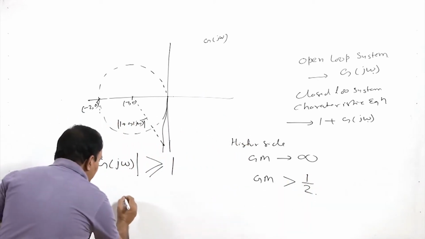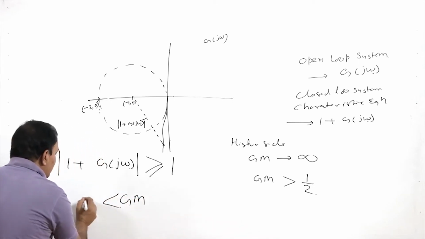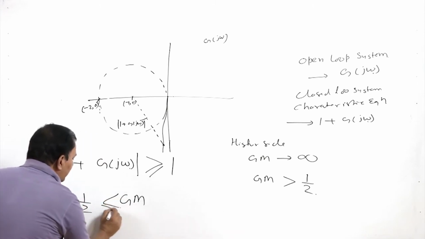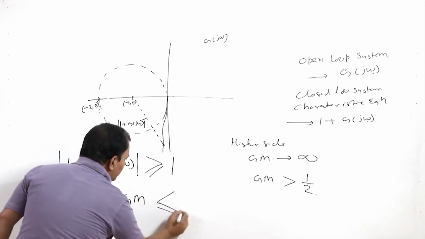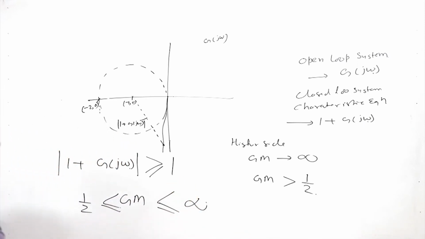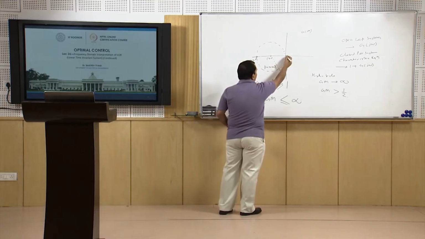So, in this system my gain margin will be greater than or equal to half at the most, and this will be infinity. So, my two extreme points are here.